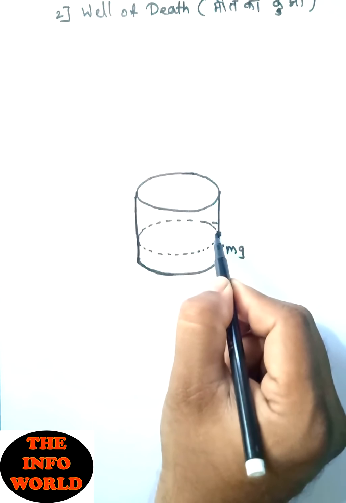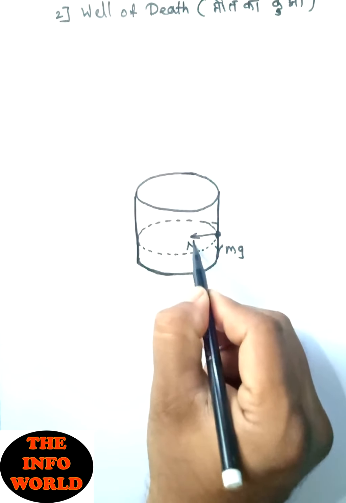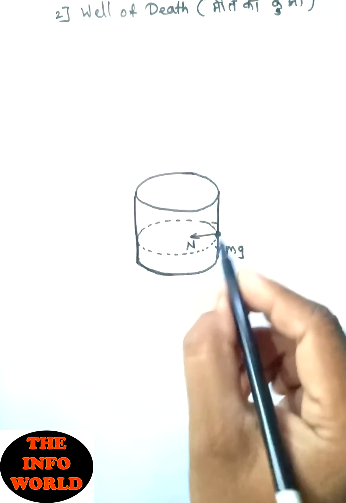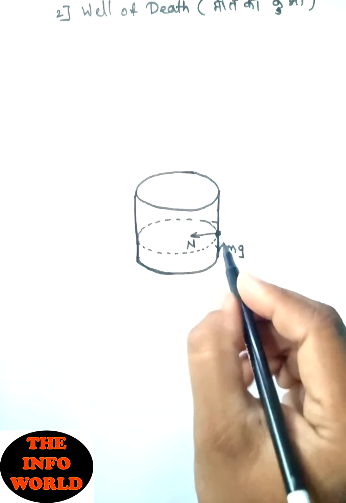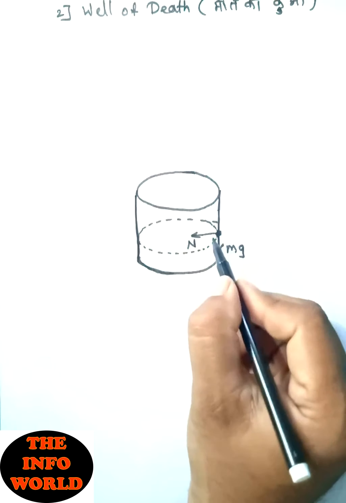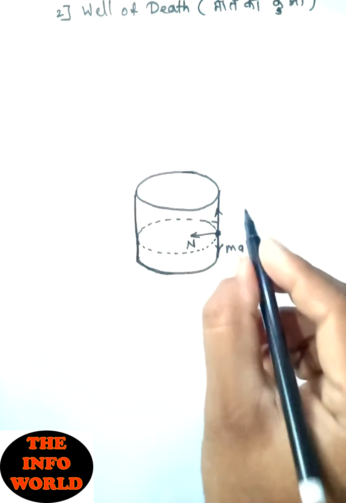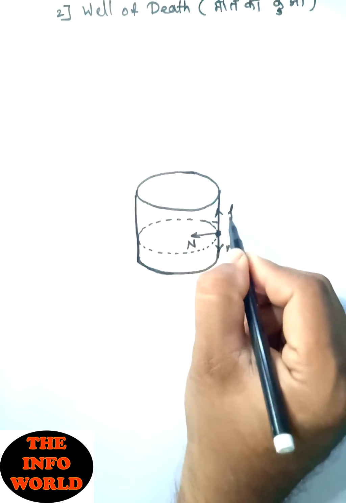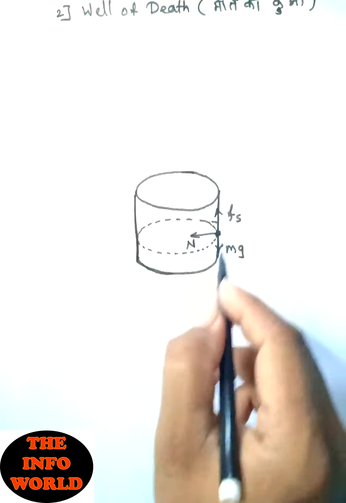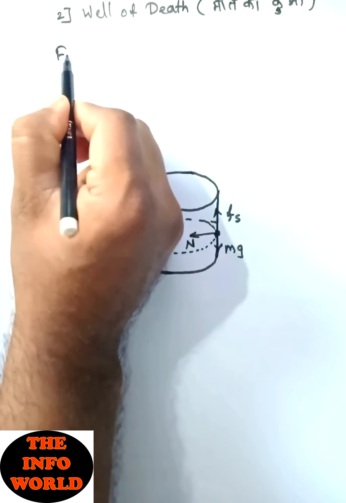The walls of the well will exert the normal reaction, and as the vehicle is moving in a horizontal circle, it will tend to fall down, and it is held by the friction between tire and well surface. So the static friction force will act in upward direction. So these are the forces acting on the vehicle.